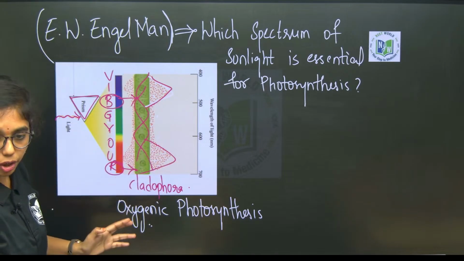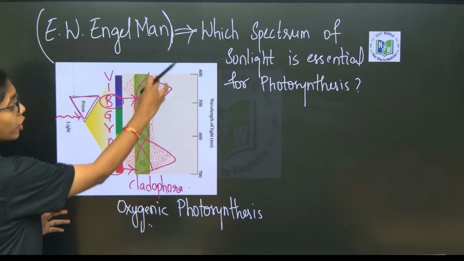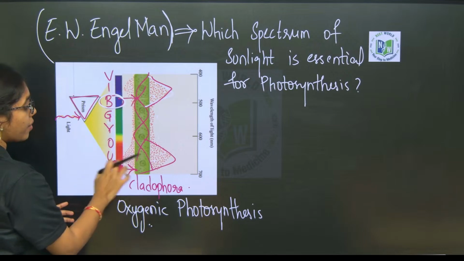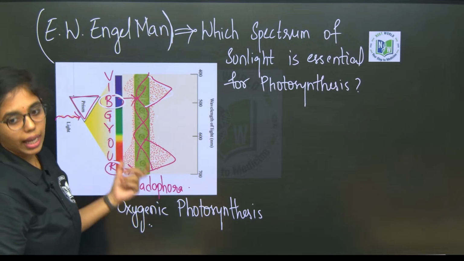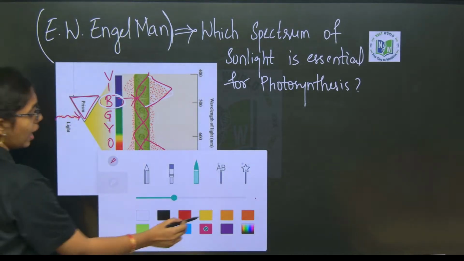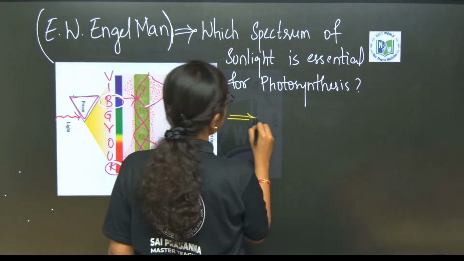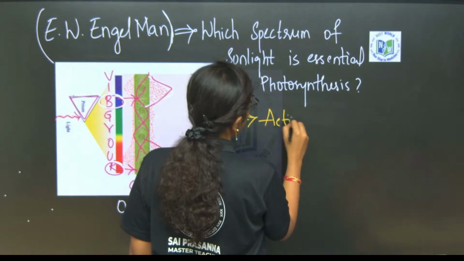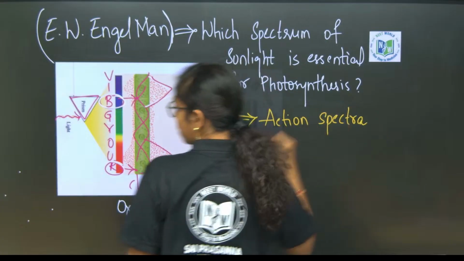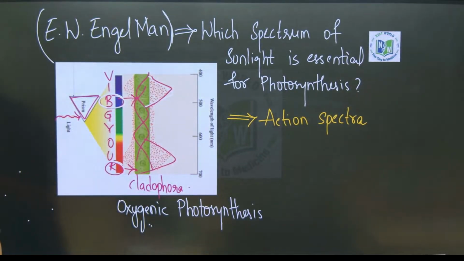After a certain period of time, he observed that the aerobic bacteria accumulated more near the blue and red regions of the light. With this, he gave the action spectrum and absorption spectrum.